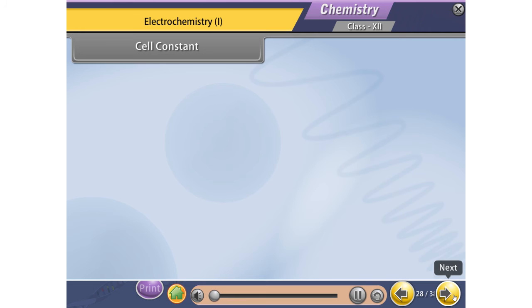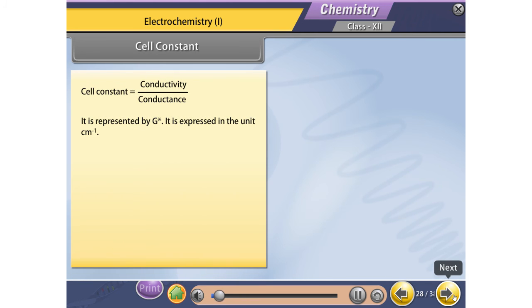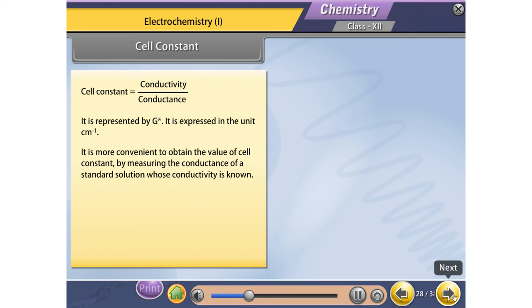Cell constant. Cell constant is equal to conductivity upon conductance. It is represented by G*. It is expressed in the unit centimeter inverse. It is more convenient to obtain the value of cell constant by measuring the conductance of a standard solution whose conductivity is known.